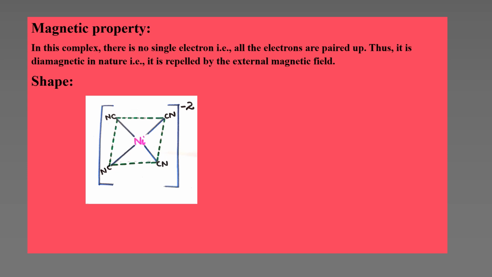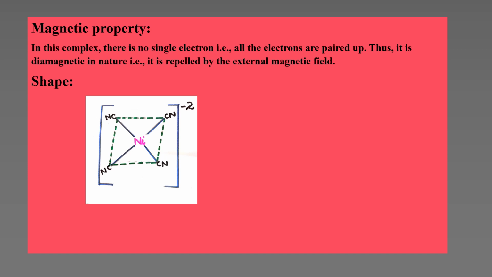If we observe the magnetic property of this complex, there are no single electrons. Why? Because CN- is the ligand here, so all the single electrons will be paired up. So what would be the magnetic property of this particular complex? It is diamagnetic in nature.